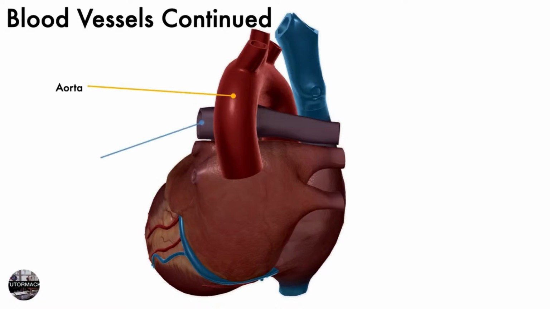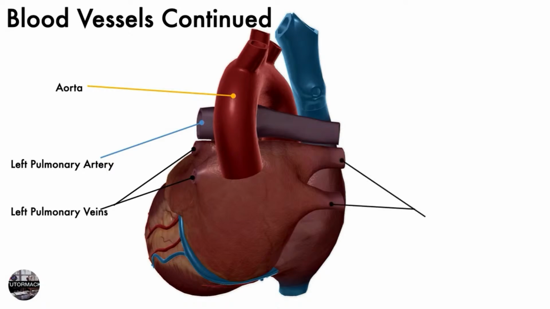How about here? You got it. Left pulmonary artery. Let's go for here. Left pulmonary veins into that left atrium. Here. You got it. Right pulmonary veins.